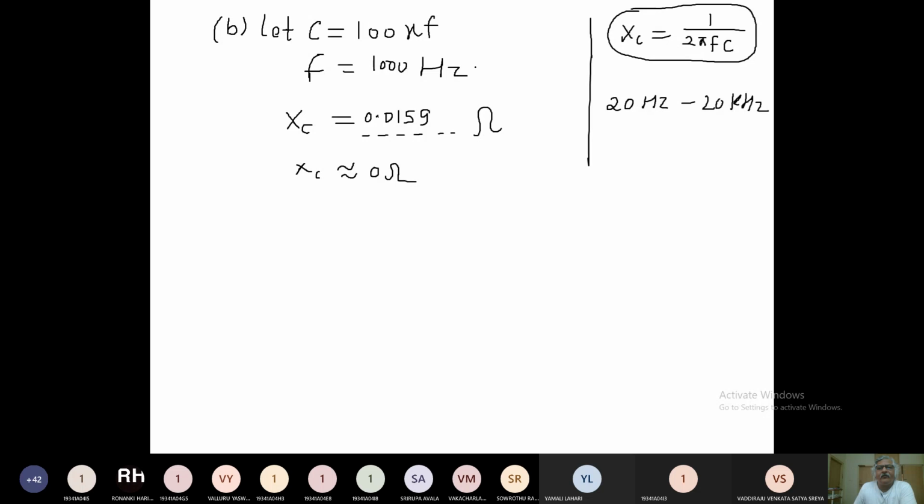So here we are talking about 1000 hertz. If you increase the frequency, then the value of Xc will be further lower, it will be further less. So what is the conclusion from our discussion? Can anyone tell the conclusion for the low frequency?